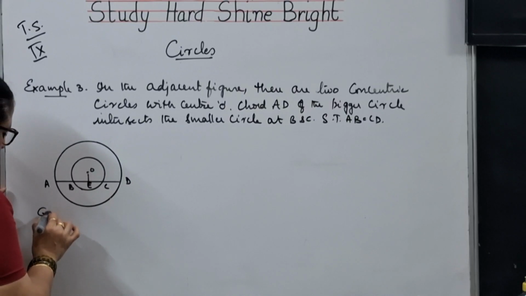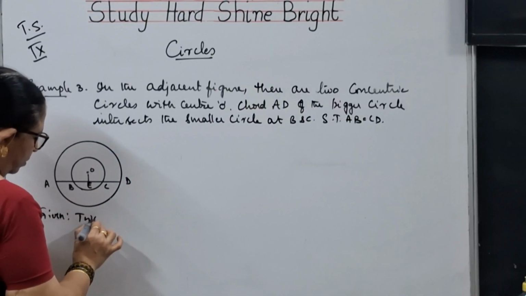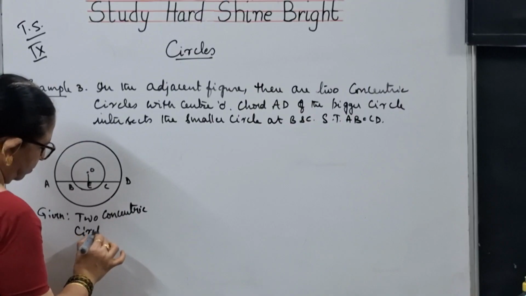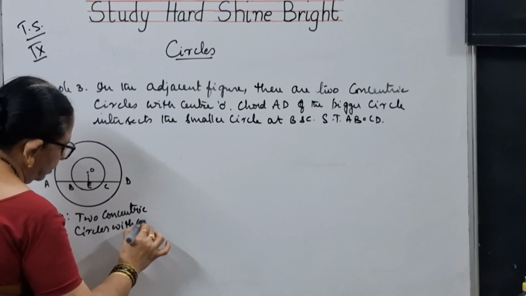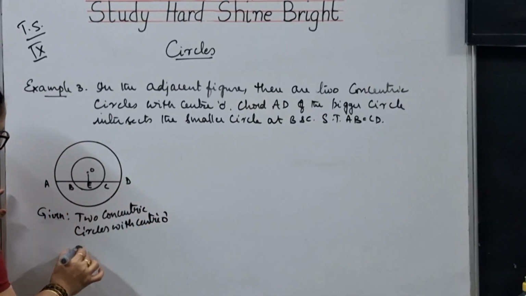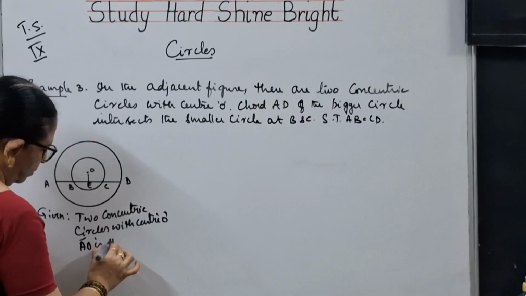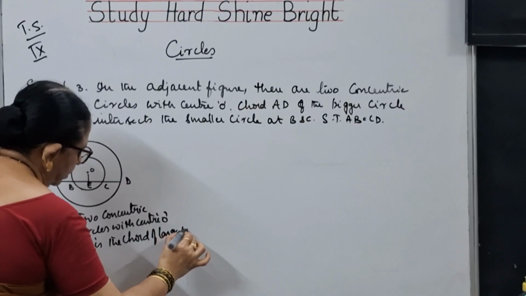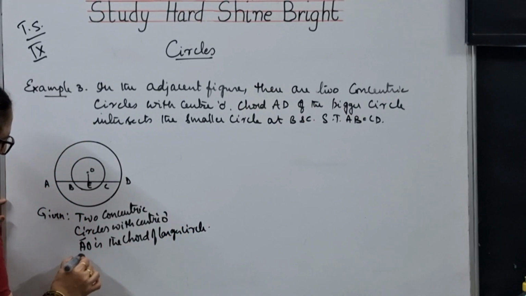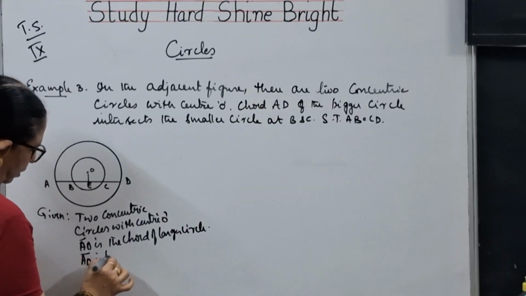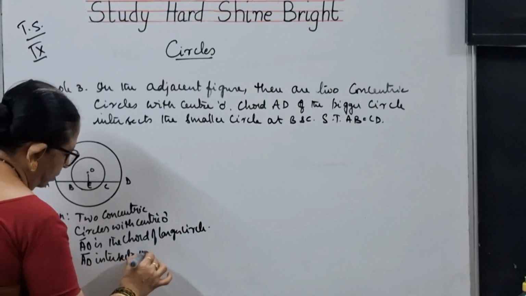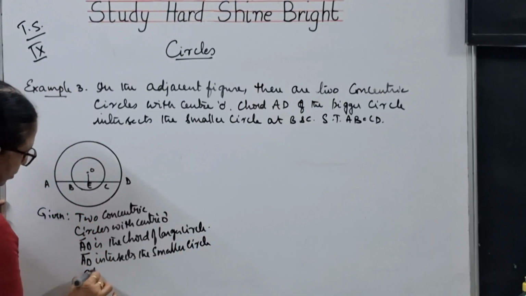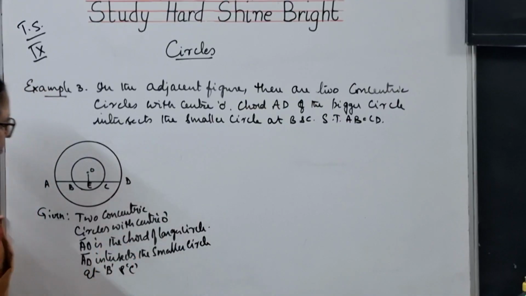What is given? Two concentric circles with center O. AD is the chord of larger circle and AD intersects the smaller circle at B and C. This is given to us.